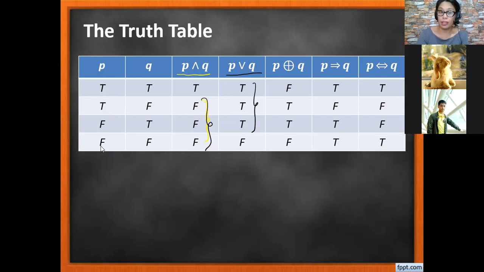But with the last row, P and Q are both false, then it's considered false. So the requirement is just one statement to be true, then P or Q will be considered true. But if both statements are false, then P or Q will be a false statement.